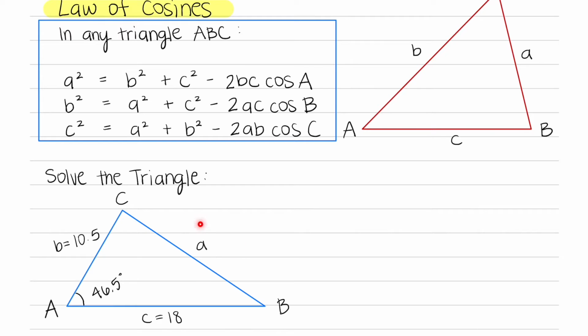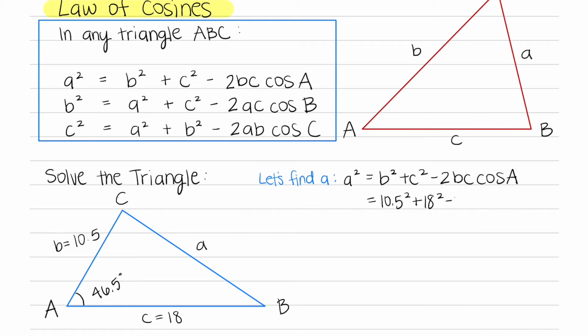Let's first find A, because we have everything that we need to plug into the formula. So according to this first formula here, a squared equals b squared plus c squared minus 2bc cosine A. Let's plug everything in. So we have b squared, which we know b is 10.5 squared, plus c is 18 squared, minus 2 times b, 10.5, times c, 18, times cosine angle A, which we were given, is 46.5.